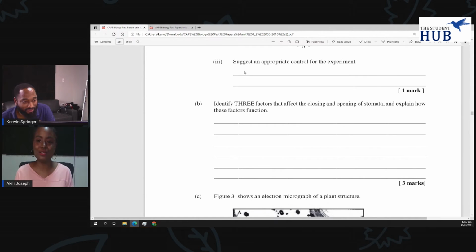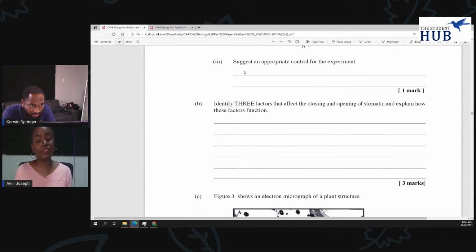So remember, we have 2 setups, with one having Vaseline on the upper surface and the other having Vaseline on the lower surface, and that's the only difference between the 2 of them. But how are we to know that there isn't some other variable that we're not thinking about that is affecting how quickly the meniscus is moving on the apparatus, or basically affecting how quickly water is being lost? So this is where a control would benefit us in the experiment.